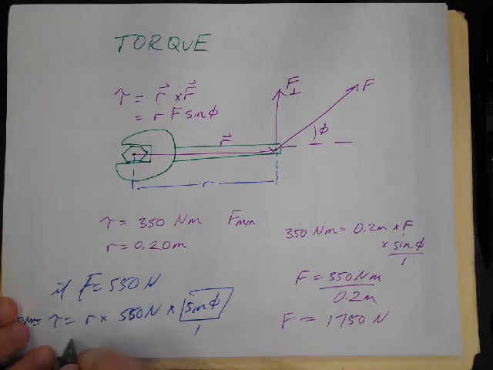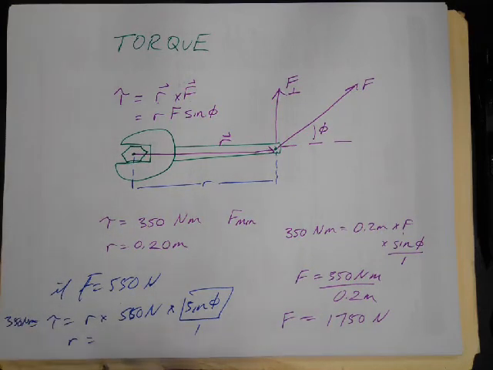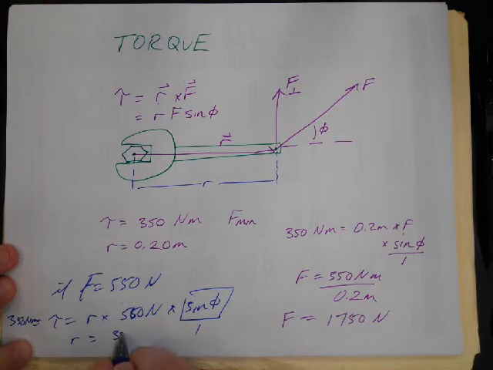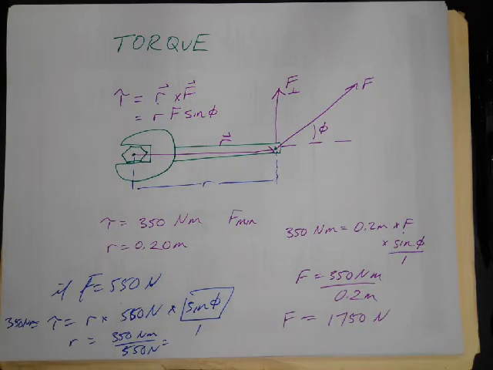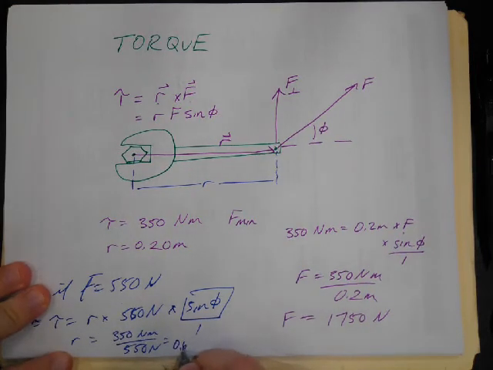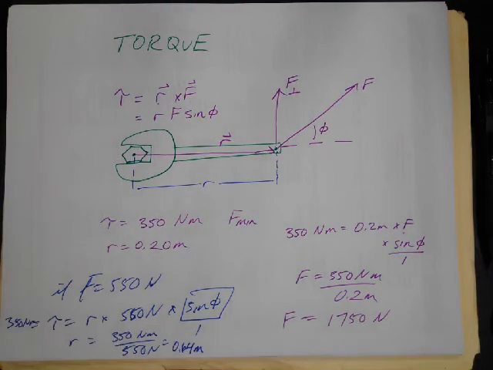So R here would be 350 newton meters over 550 newtons. 350 divided by 550 is 0.64 meters. That's the example. That's like the first example in the notes.